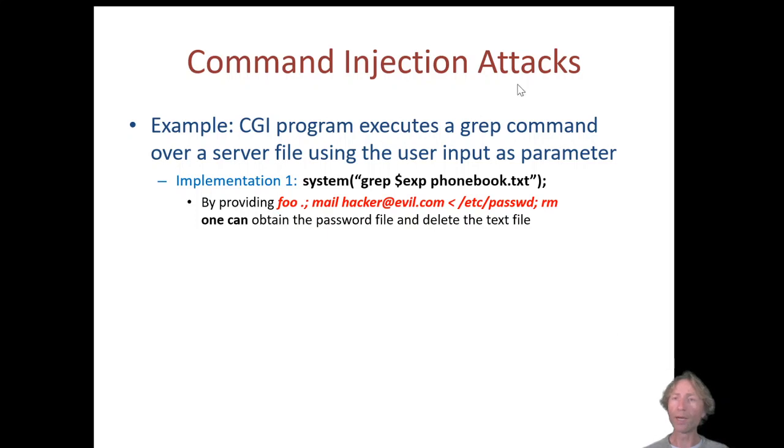What this will do is it will simply be added in this command. So you will grep for foo in dot, who cares? Then it's going to mail the /etc/passwd file to hacker@evil.com. And then for good measure, it will also remove your phone book, so your existing phone book. So it's doing two really bad things in one go.